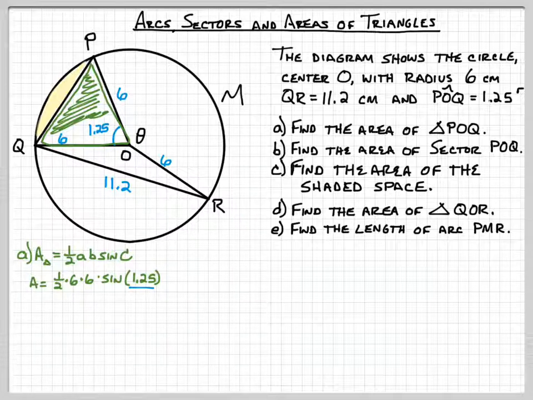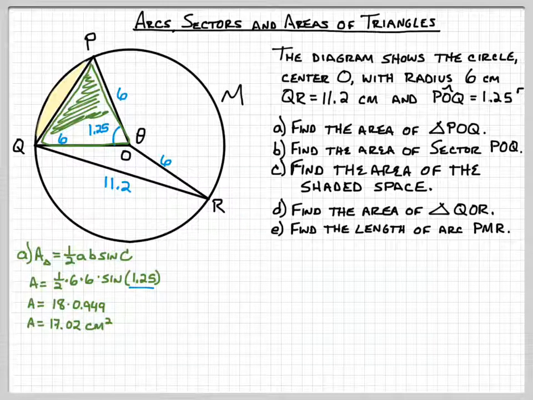We calculate and get 18 times 0.949, rounded a little to make things easier, and we get an area of approximately 17.02 centimeters squared.